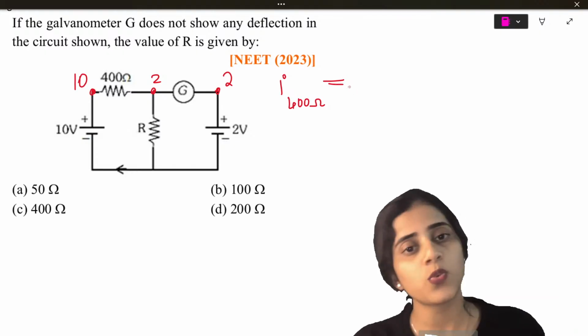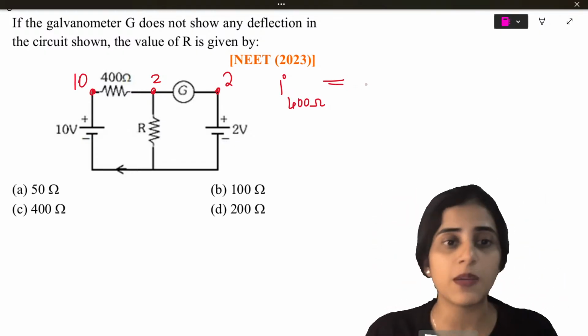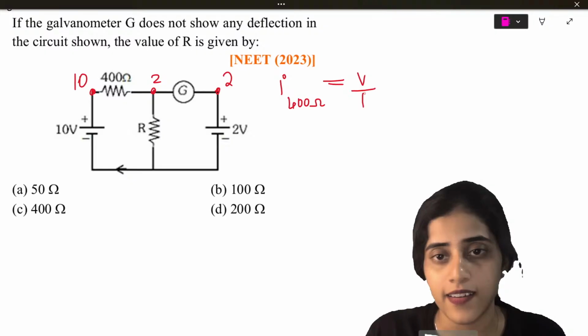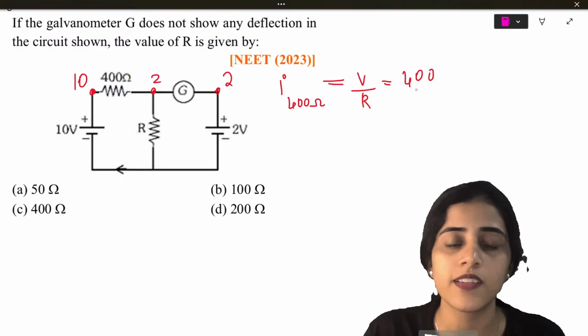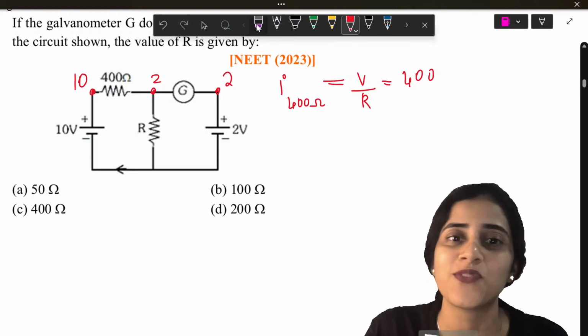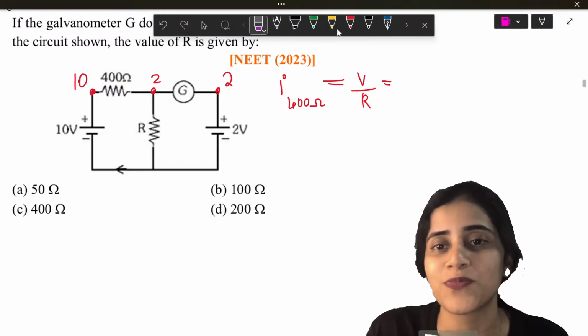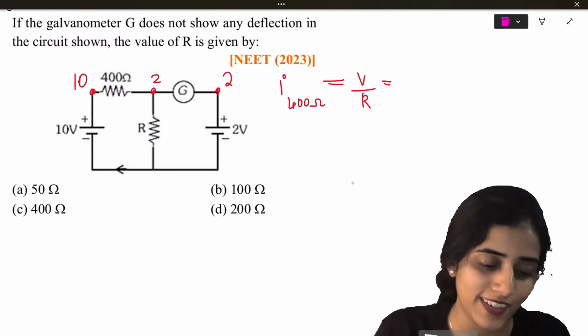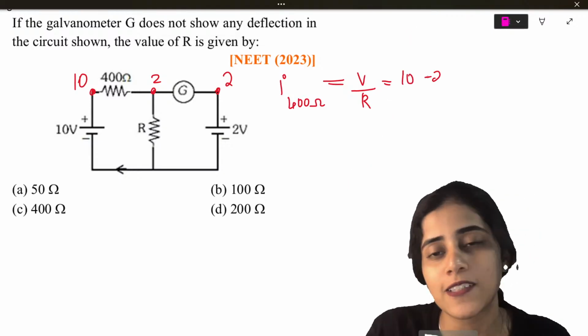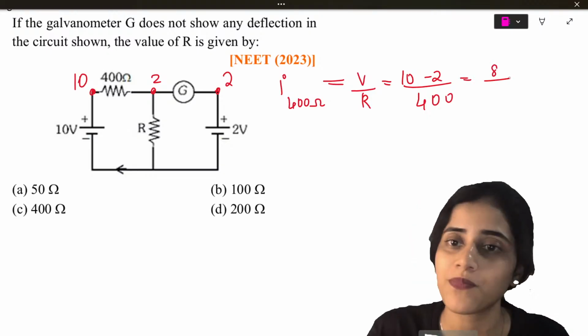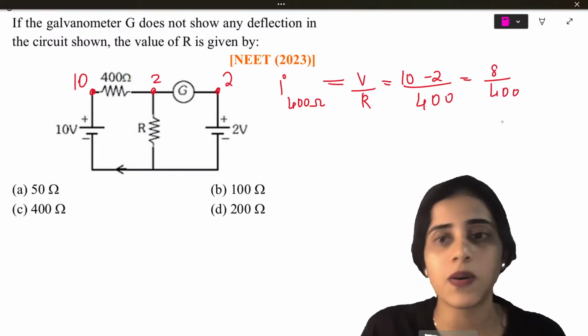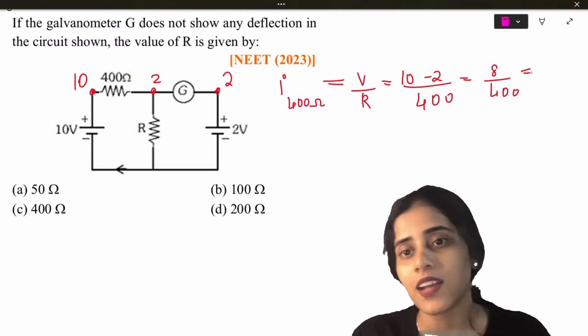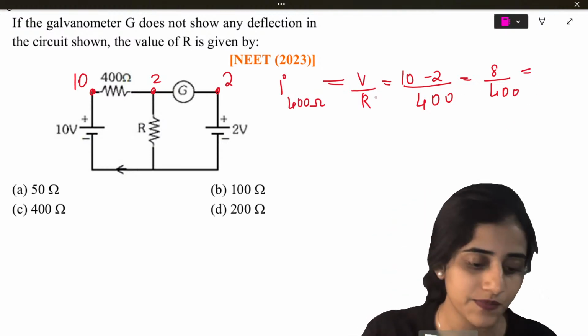Current I is equal to V by R. The voltage is 10 minus 2, and the resistance is 400. So it's 10 minus 2 by 400, which is 8 by 400. And how much is 8 by 400?